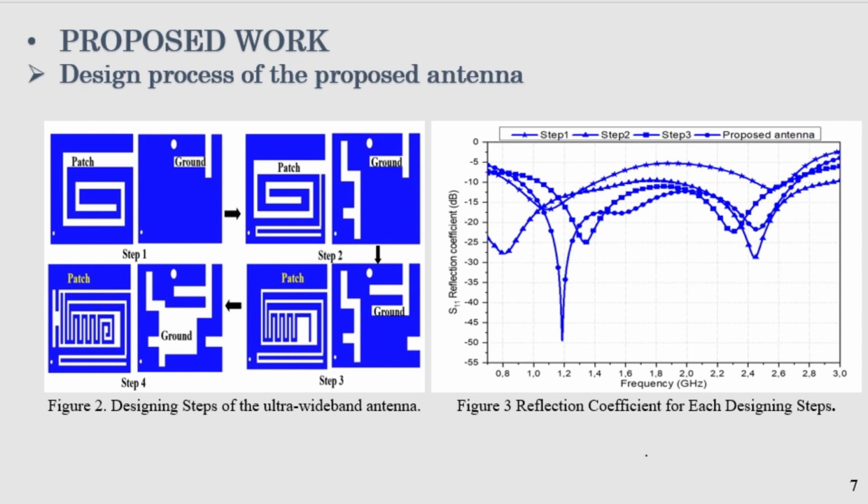This spiral shape is commonly used in biomedical antennas because research has shown it to be less sensitive to the body's dielectric effects. At each step, additional slots were created or modified to achieve better performance based on the S11 coefficient.